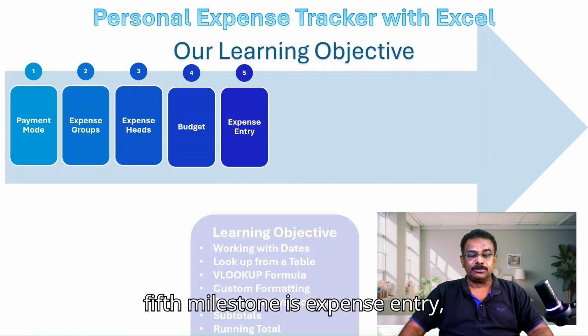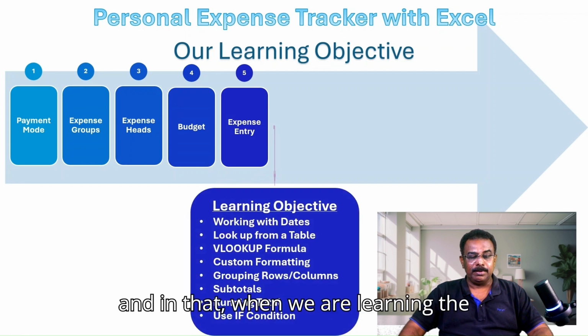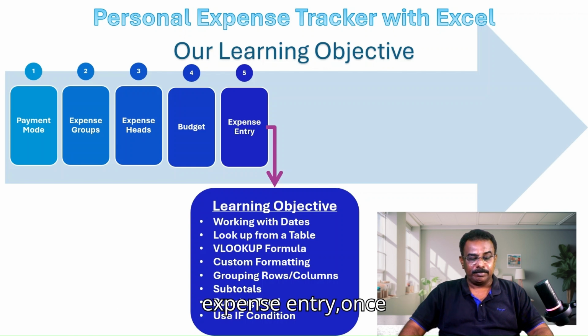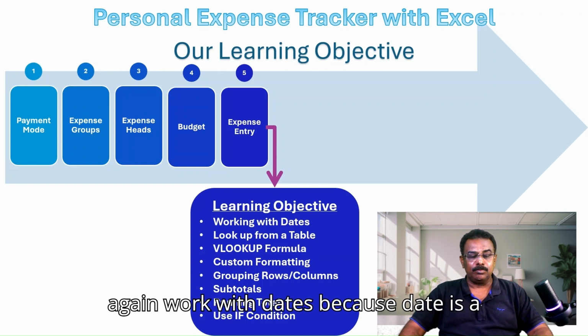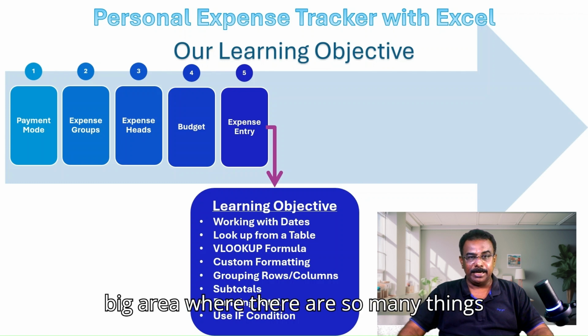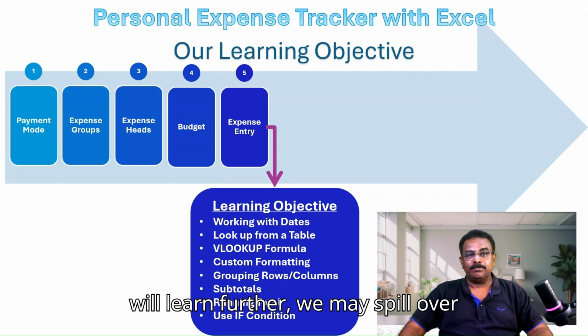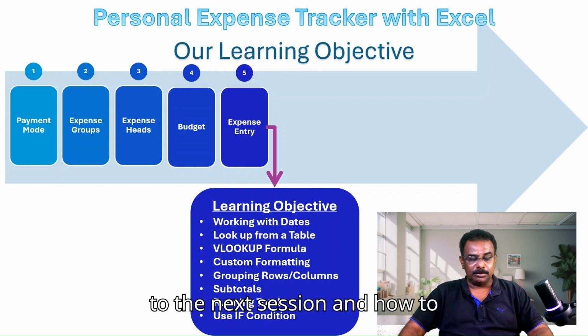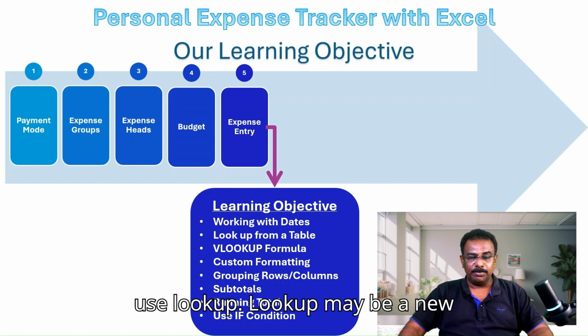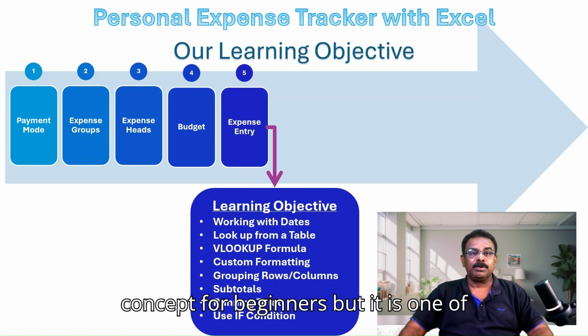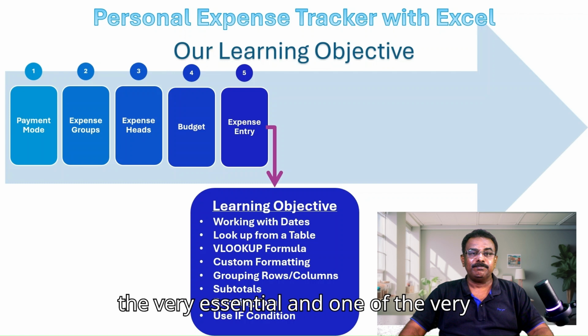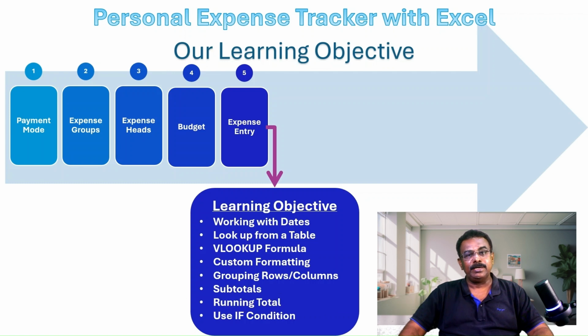The fifth milestone is expense entry, and when we are learning the expense entry, we will once again work with dates, because date is a big area where there are so many things we can do. We'll learn further, we may spill over to the next session. And how to use lookup. Lookup may be a new concept for beginners, but it is one of the very essential and very useful features.